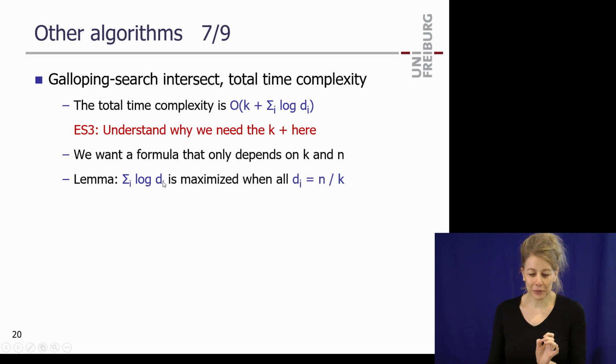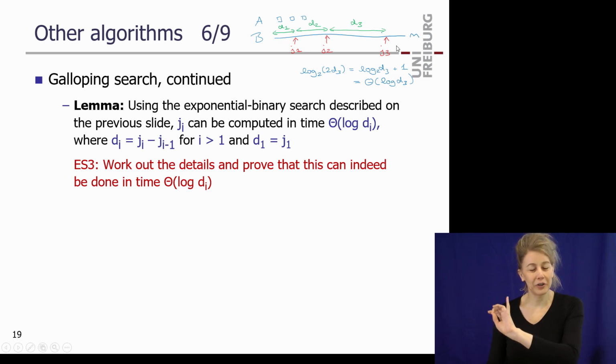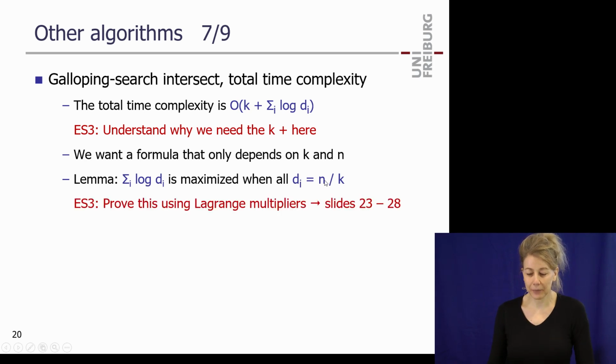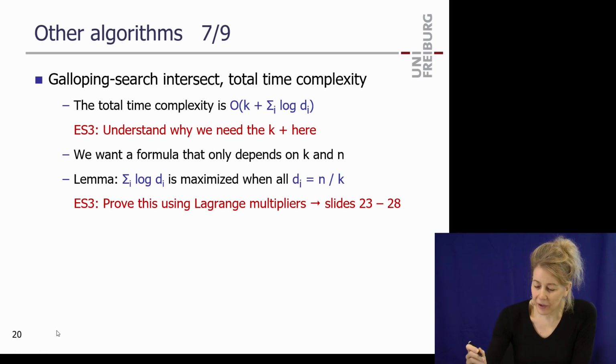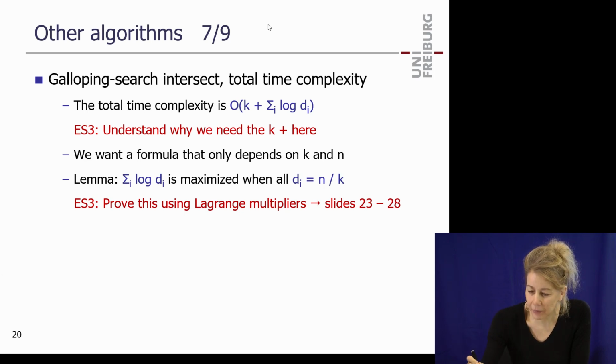And you can prove, and you will also do the proof for the exercise sheet, that this sum is maximized. It's the largest, which means it's the worst. This algorithm has the worst running time if the elements are perfectly distributed over B, which means all the d_i are n over k. And this will be the last part of the lecture. You will prove it in the exercise sheet using a technique which I will explain in the last part.